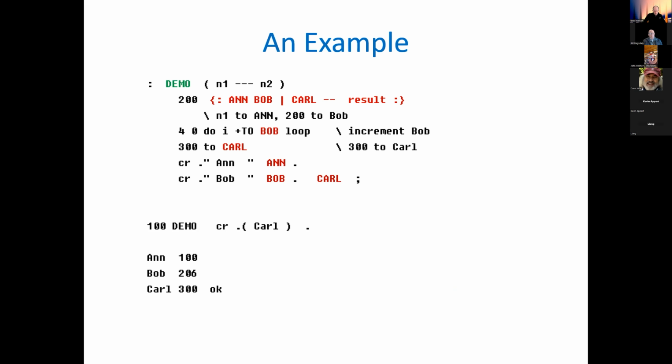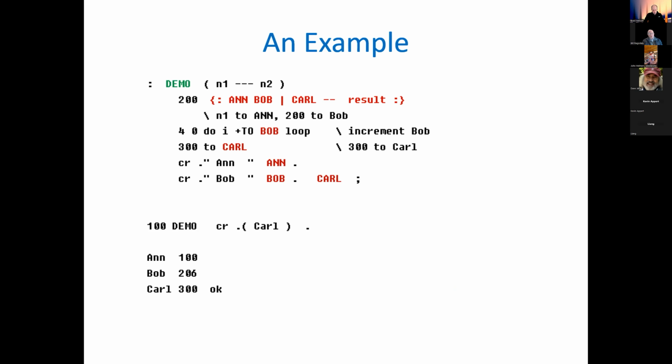So the variables are loaded by values from the stack in the order in which they are on the stack. So the earliest in goes to the earliest name, the last data in goes to the last name. And then there's Carl, which is non-initialized, and the declaration is complete.